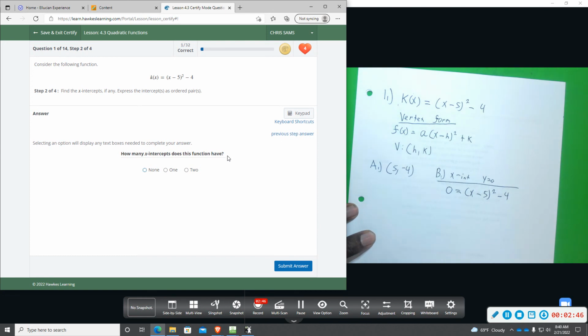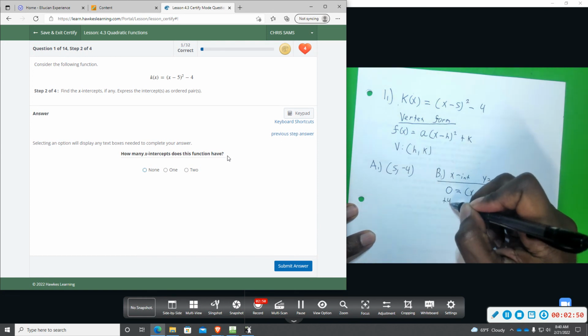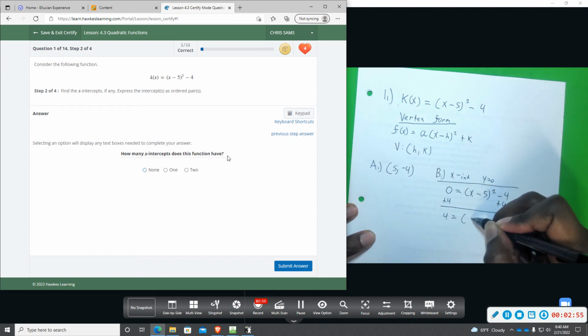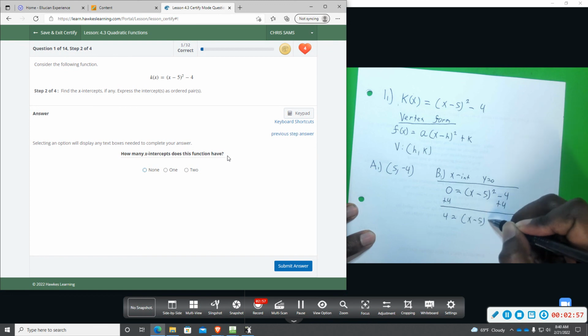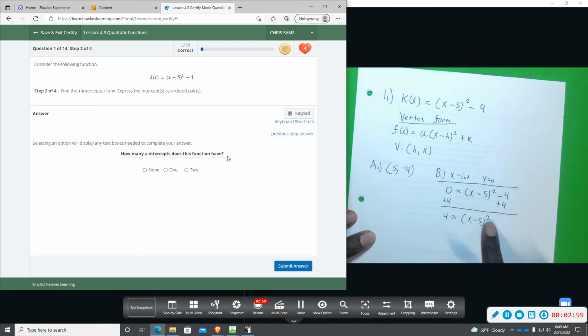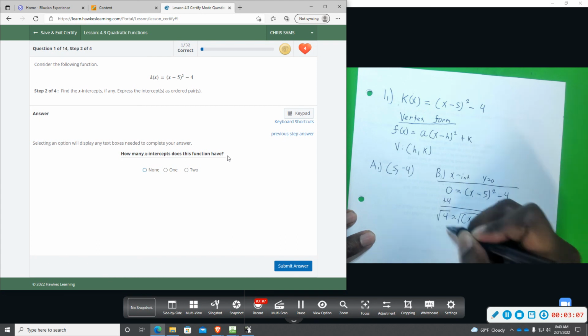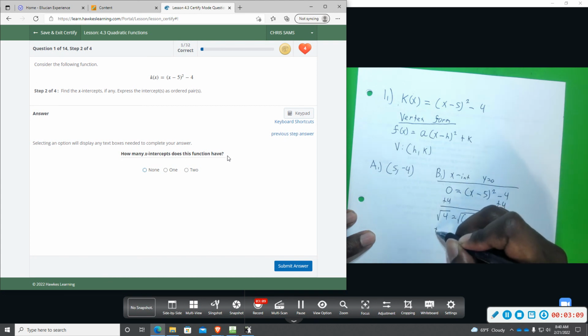And then we're going to solve for x. So I'm going to add 4 to both sides. Gives us 4 equals the quantity x minus 5 squared. And then to get rid of the squared, we need to take the square root of both sides, and that gives us positive or negative 2.